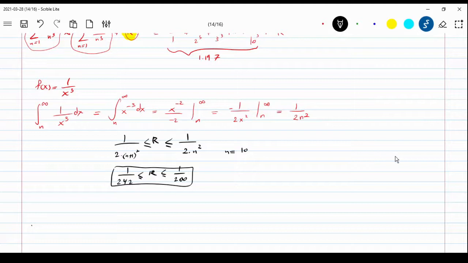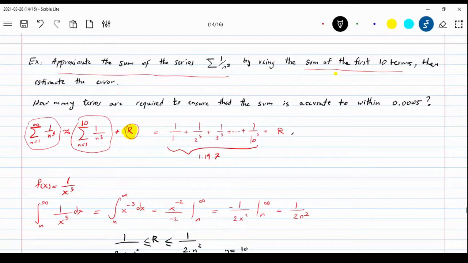So I can approximate and say this is close to 1.197 plus something like 1 divided by 200, because this is if I pick 10. If I pick 11, I can say 1 over 242. Generally, I think an overestimate is a better idea, picking 200. That would be an approximation of the result.